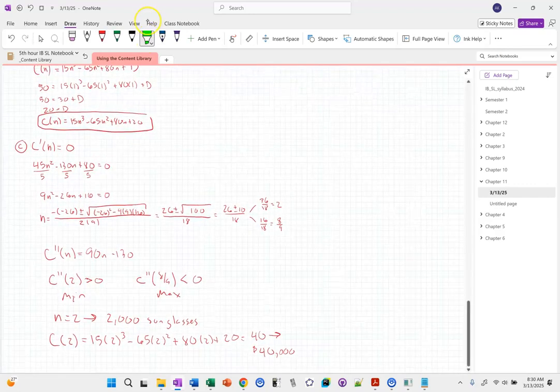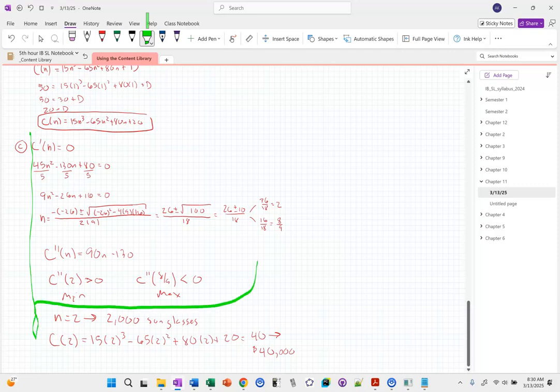What's the alternative that I could have done instead of doing this to find the minimum and maximum? What do I graph? Could just graph C and use the minimum command on my calculator, right? No big deal there.